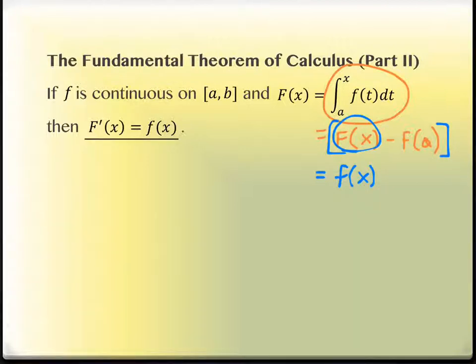So we actually end up with the derivative of the antiderivative is the original function. Sounded like a tongue twister, sorry. So the derivative of the antiderivative function capital F of x is the function little f of x. Okay?